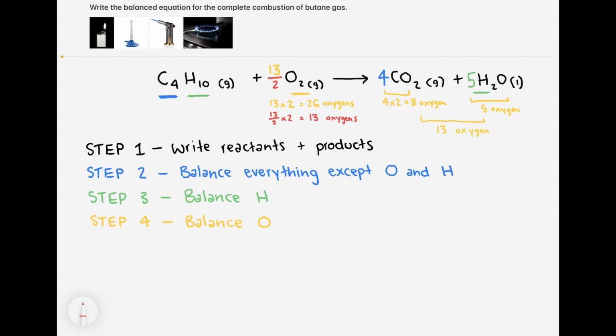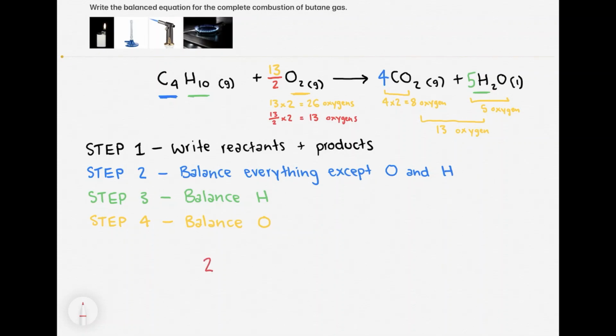Now you may be looking at that final balanced equation for the complete combustion of butane and think that it looks a bit funny, and it sort of does. So we don't normally include fractions into our balanced equations. So you can remove this fraction by simply multiplying the coefficient of every other product and reactant by 2. So I'll do this down the bottom.